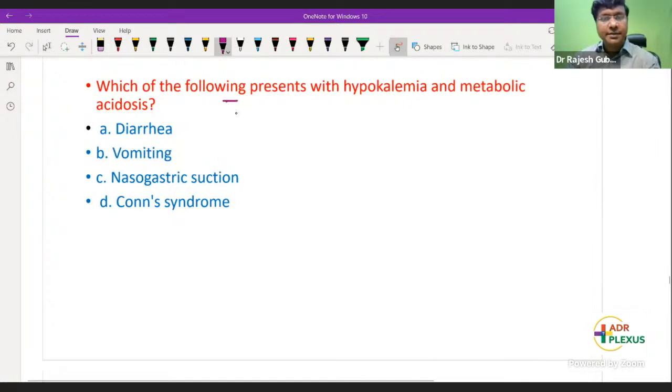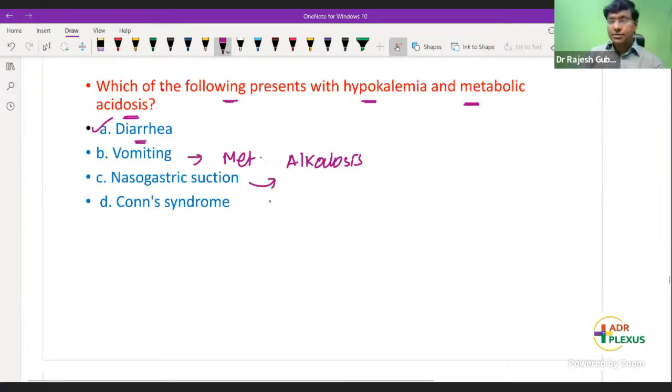Which of the following presents with hypokalemia and metabolic acidosis? Very good, Vishnu. Excellent. That is diarrhea. Whereas vomiting will lead to metabolic alkalosis, and nasogastric suction is the same, metabolic alkalosis.